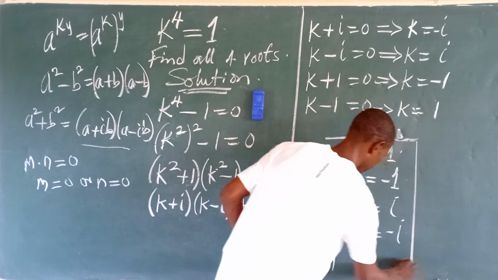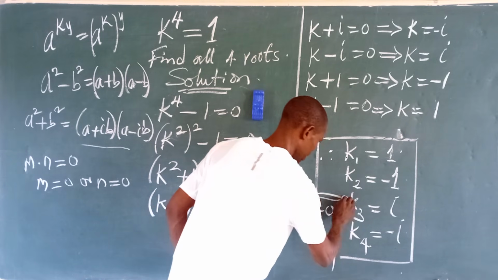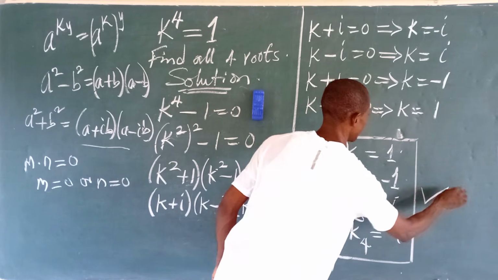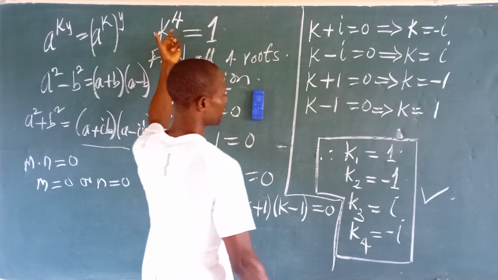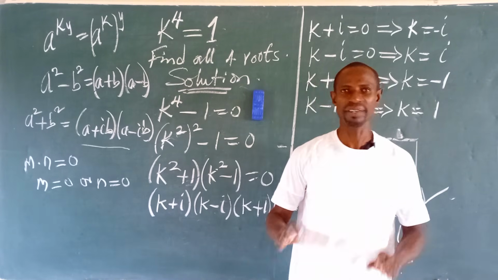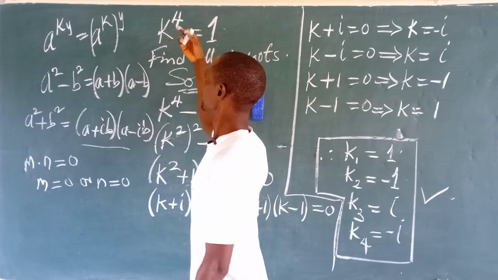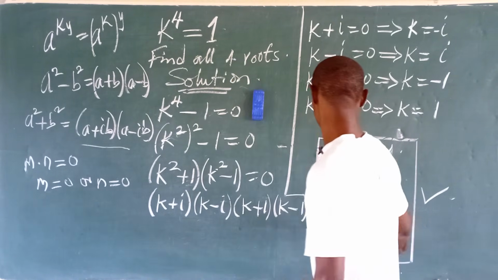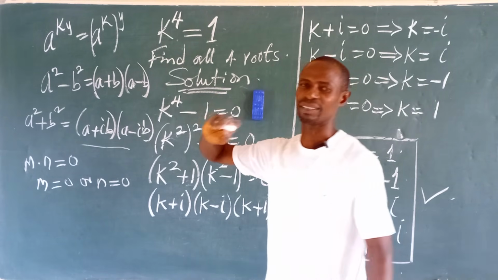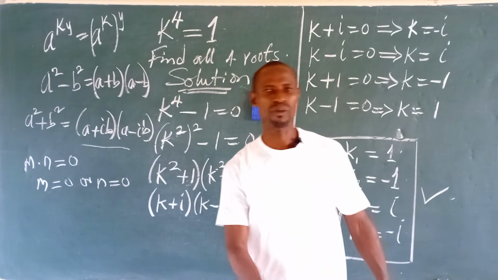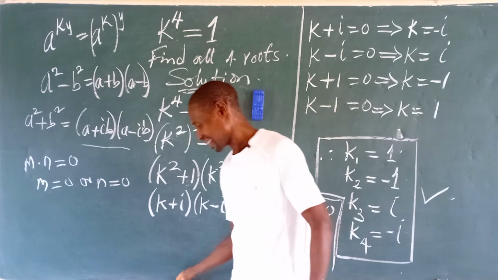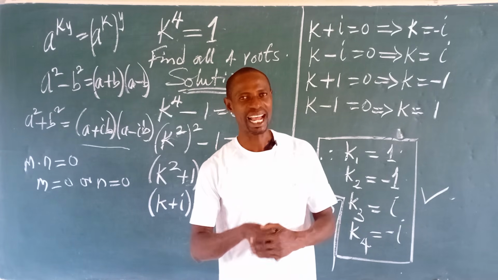So these are the four roots to this challenge. If you substitute all these values into the left-hand side of the equation, they will all give you 1.